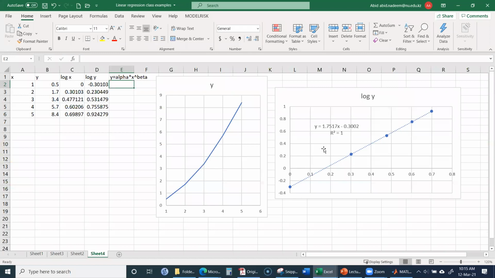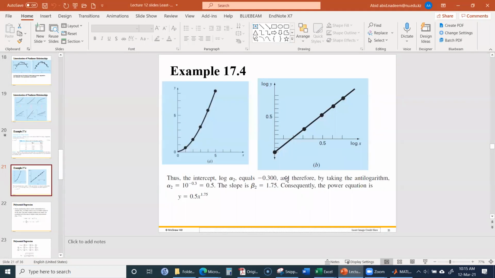Okay, before calculating it, what we have found is log of alpha, which is the y-intercept. Log of y. So the intercept is called log of alpha, okay, intercept is log of alpha.